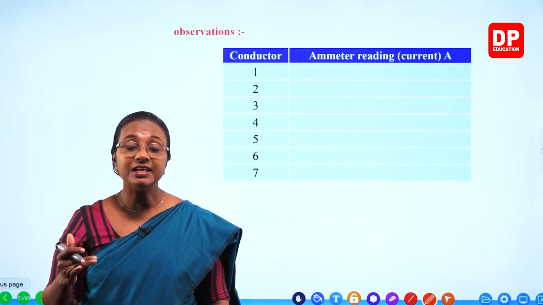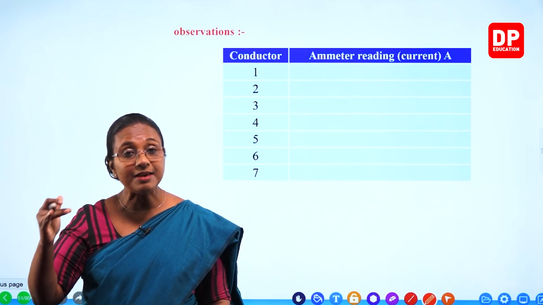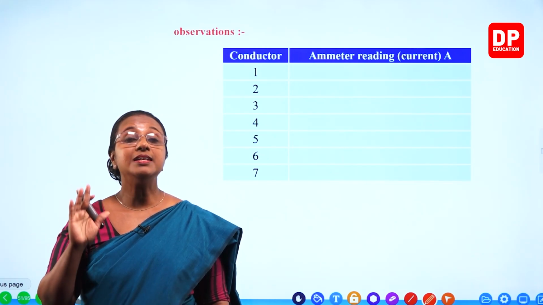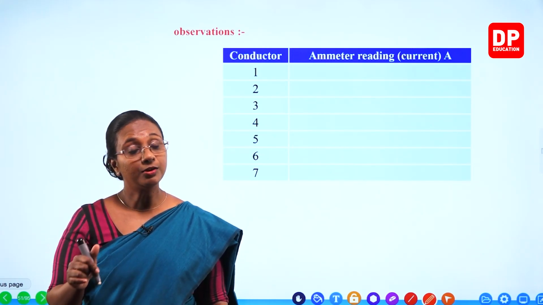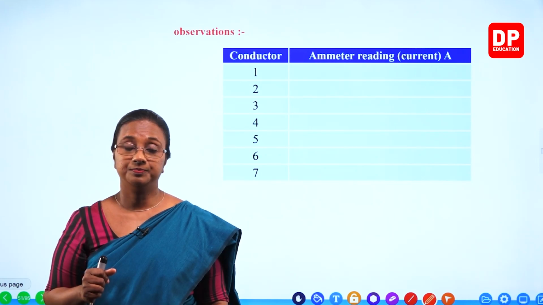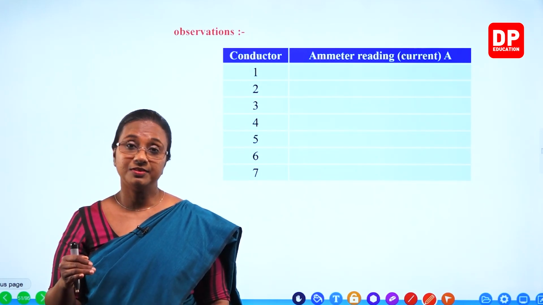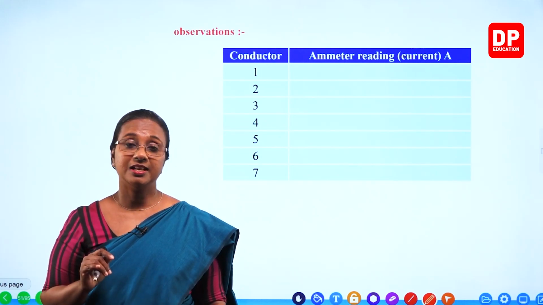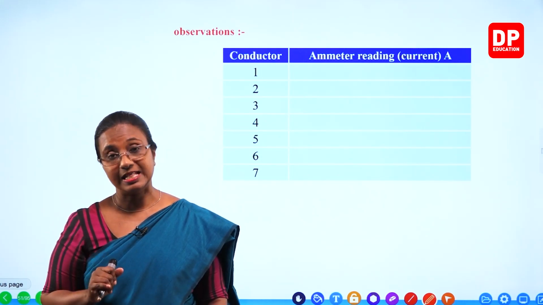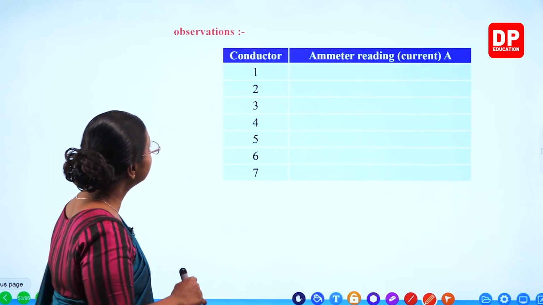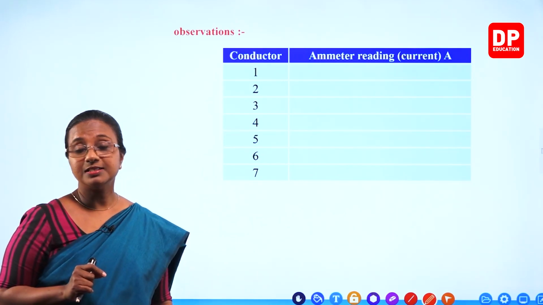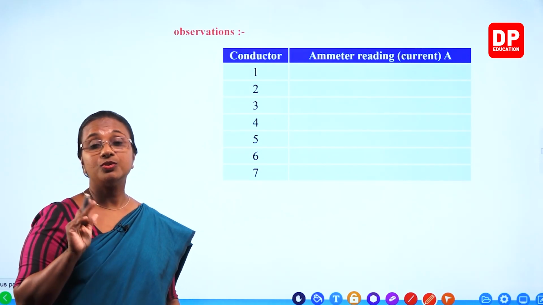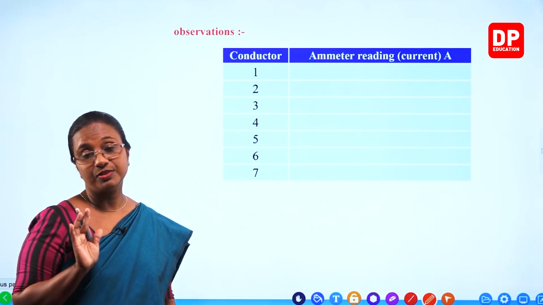Then after that, we had the same length, same cross-sectional area, but different materials: nichrome, iron and copper. Thereafter, we had the iron wires, same cross-sectional area, but different lengths. So there were 7 conductors and we got the ammeter reading and also you saw the brightness of the bulb.